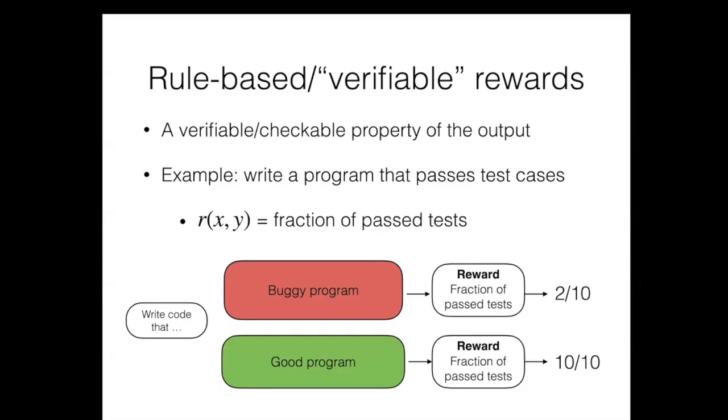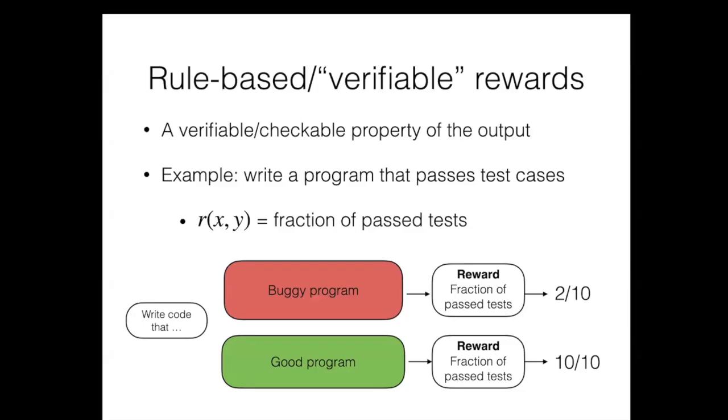Well, you could view running test cases as some kind of easily checkable property of a program. Here, this is also showing that it doesn't have to be binary, right? You could have something like the fraction of test cases that are passed. In the case of generating programs and trying to do RL, you actually have to be a bit careful.